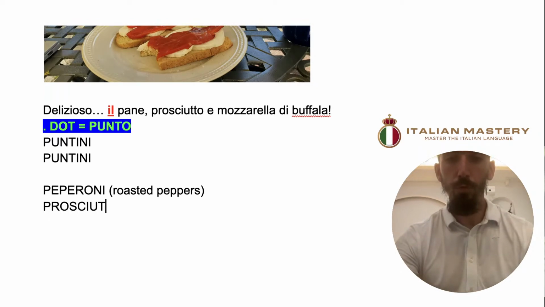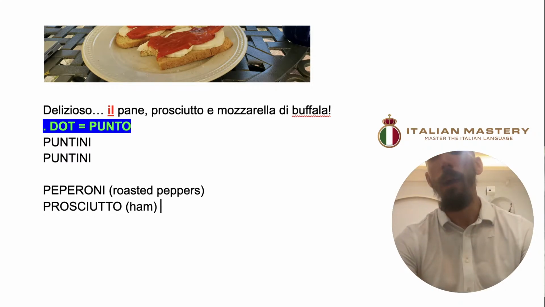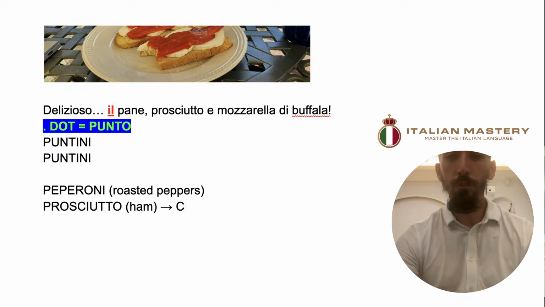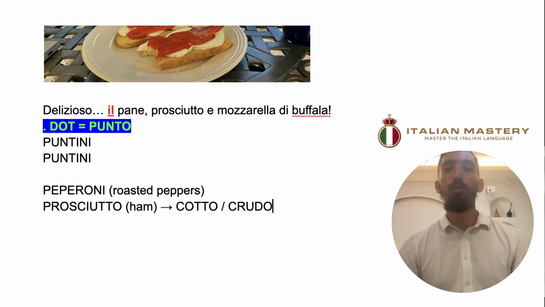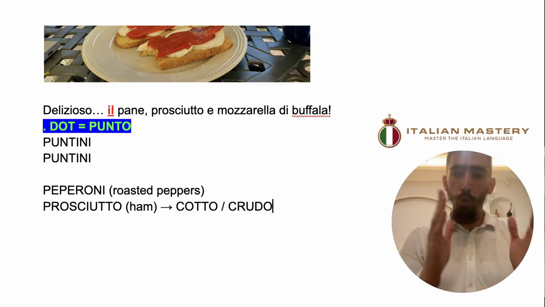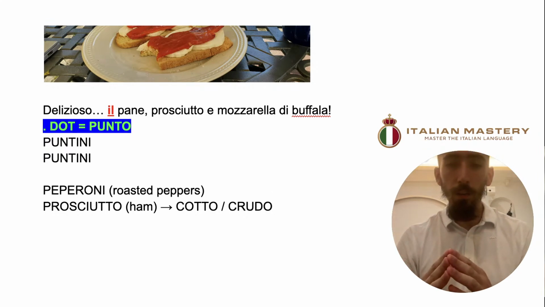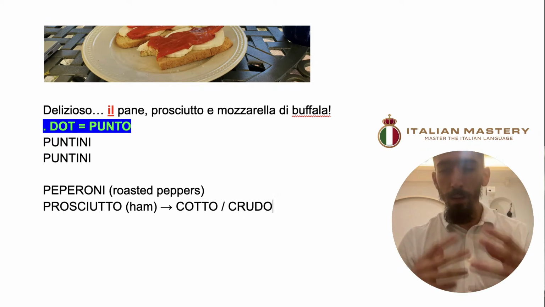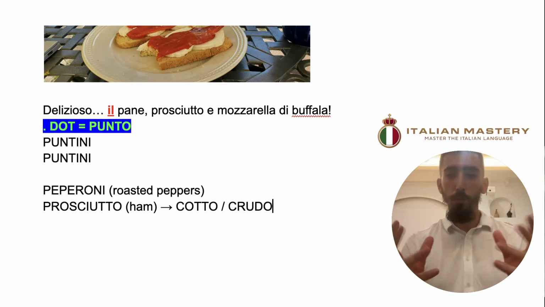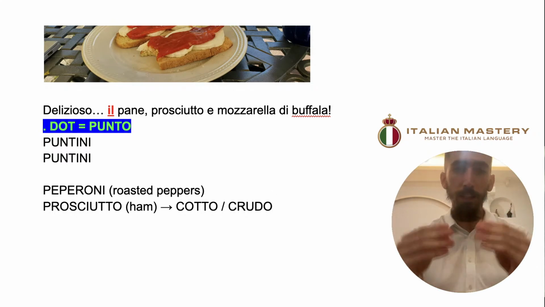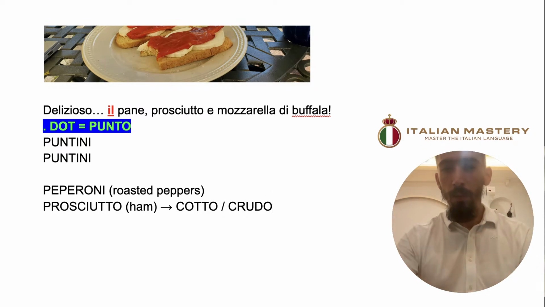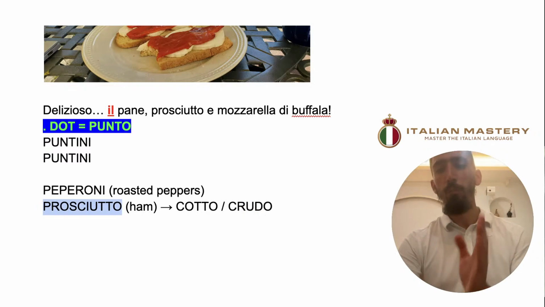Prosciutto, and obviously this is ham, and it can be cotto or crudo, so technically cooked or raw. Obviously it's not raw, it's more like smoked ham. You must have seen it before, it's darker and more salty. Cotto, crudo. These are the two types of ham. Prosciutto cotto, prosciutto crudo.